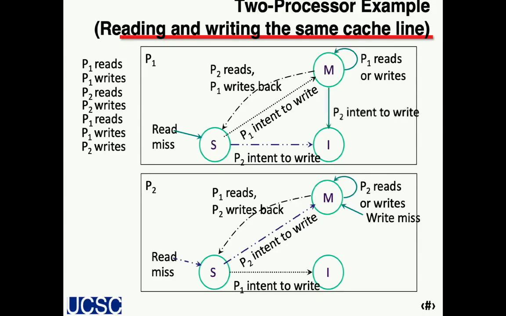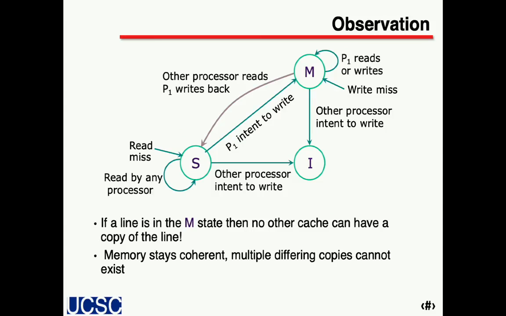Good. OK. So yeah, this thing's repeating a few more times, but we got the gist of it. So what's happening? Well, this is our basic MSI state diagram. And some of these things we've already just talked about, right? So if a line is in the M state, then nobody else can have a copy of it.